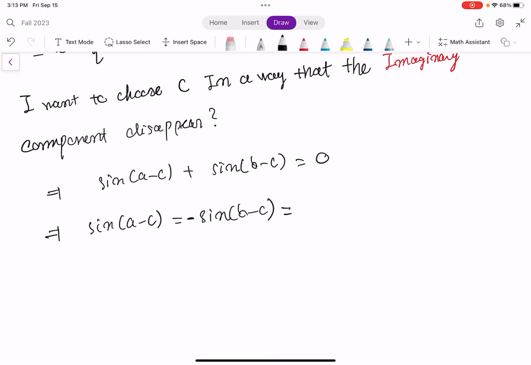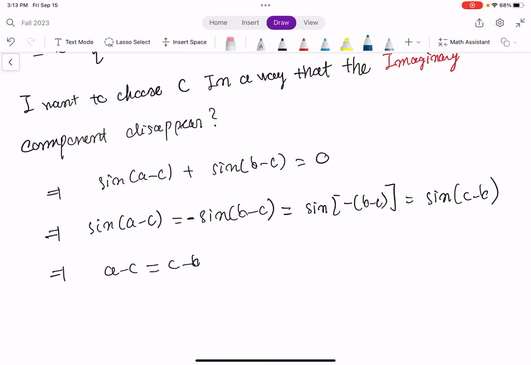The negative sign can be put inside, so you get sine of (c minus b). So sine of (a minus c) equals sine of (c minus b), so a minus c has to be equal to c minus b.